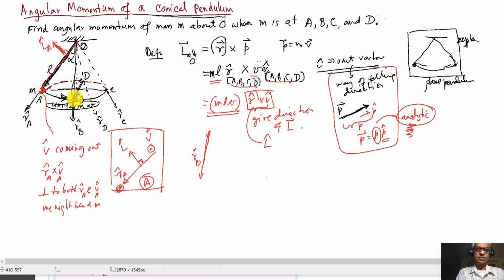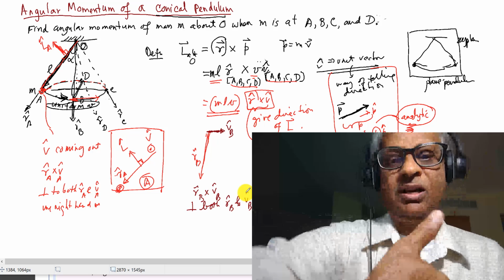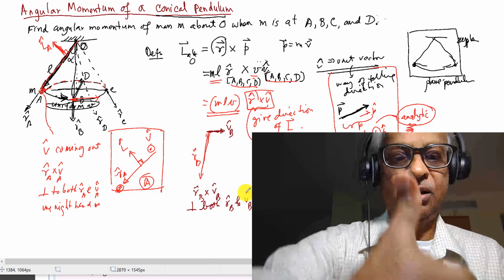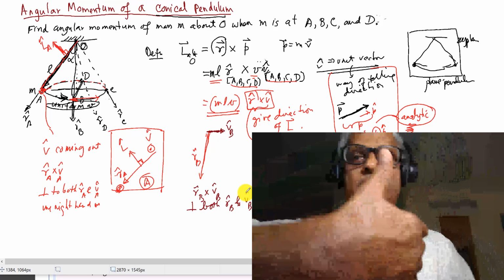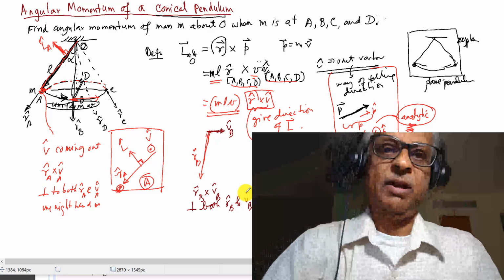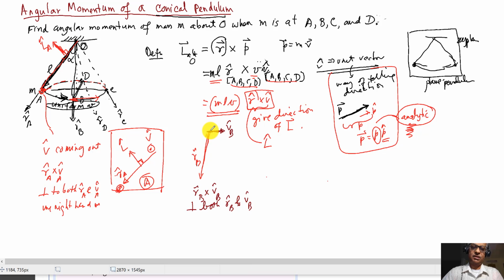And V is that direction, V hat at B. So now R hat B cross V hat B is perpendicular to both R hat B and V hat B, so it's going to come out in that direction.